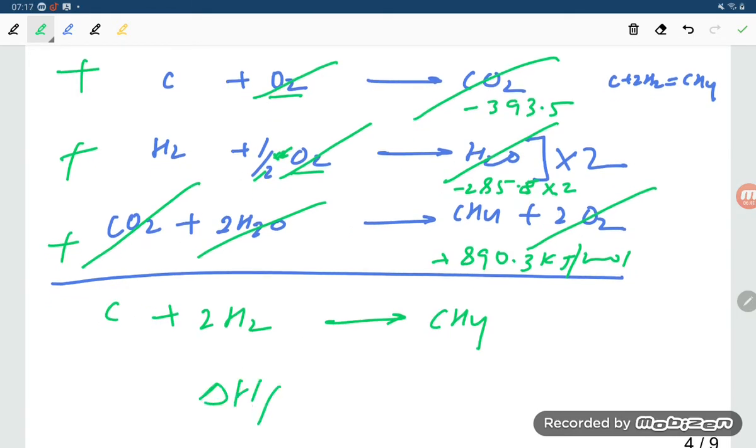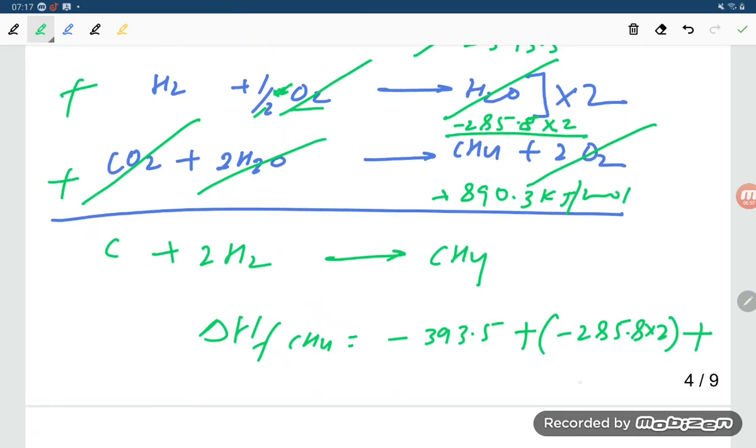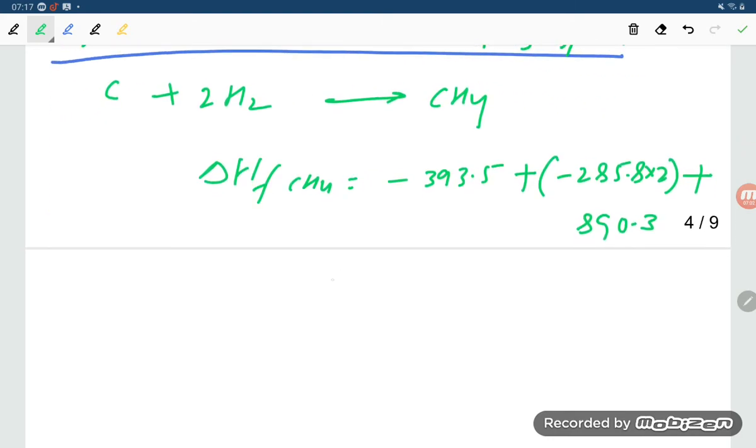So delta H f of CH4, if they are asking, add out minus 393.5 plus, if you multiply this one, 285.8 multiplied by 2, plus how much will come, student? Plus 890.3. Okay, now again solve: minus 393.5, and this will also be minus, plus into minus, how much is coming?